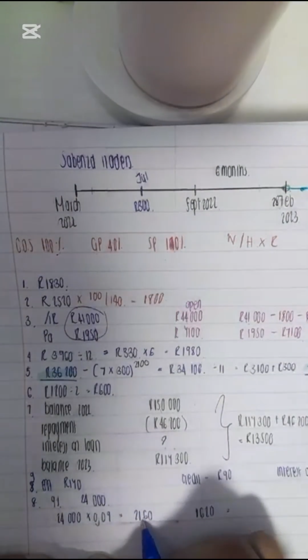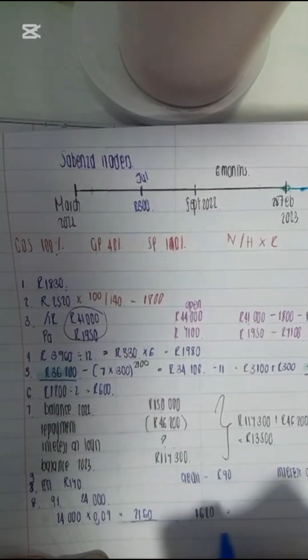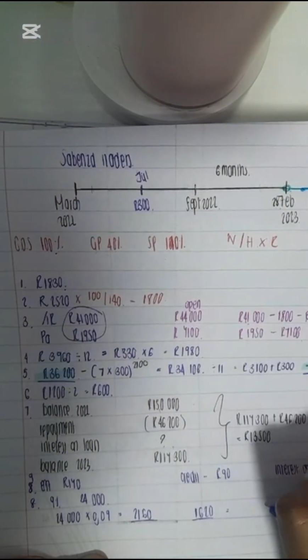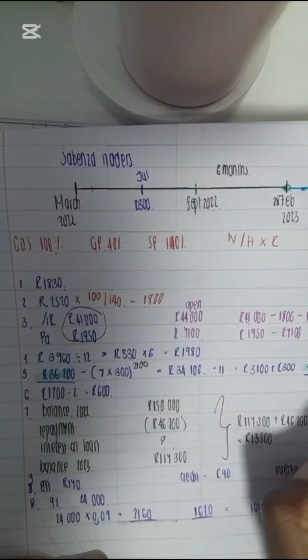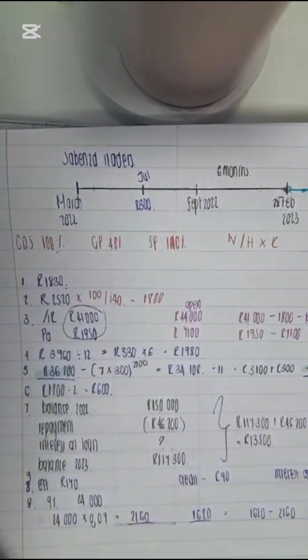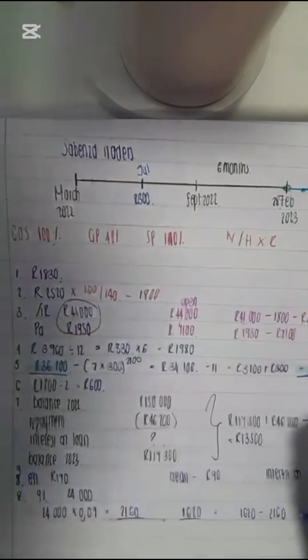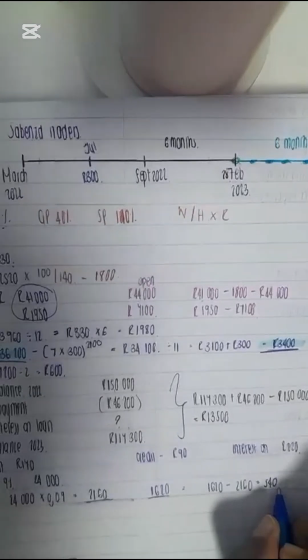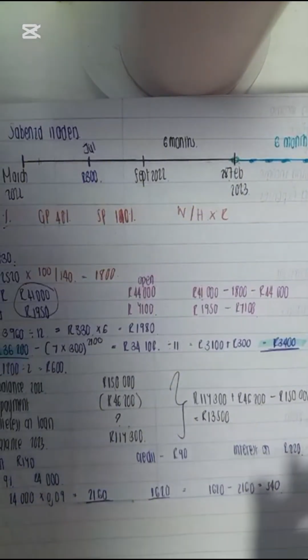So this is what we're supposed to get for the whole year, and this is what we only got. So the difference would be 540. This is what we are supposed to add to get this total amount.